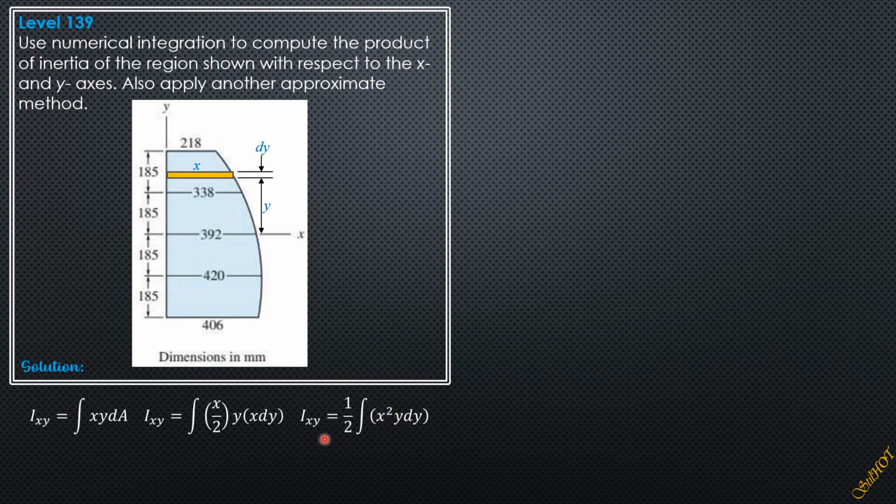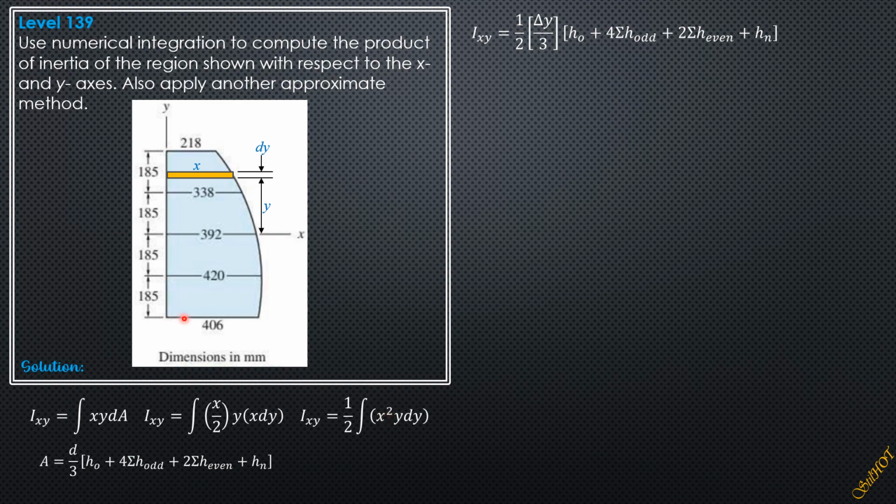Simpson's one-third rule is d over 3 quantity h0 plus 4 times summation of h odd plus 2 times summation of h even plus hn. So ixy in this case by Simpson's one-third rule is 1/2 times delta y over 3 quantity h0 plus 4 summation of h odd plus 2 summation of h even plus hn. But take note that h0 is this value, which is x square y.